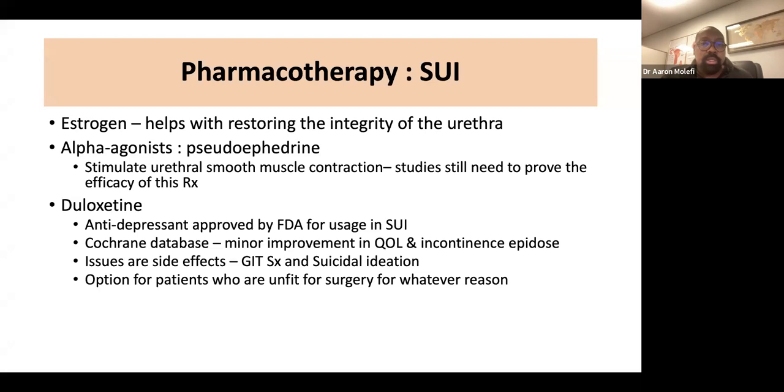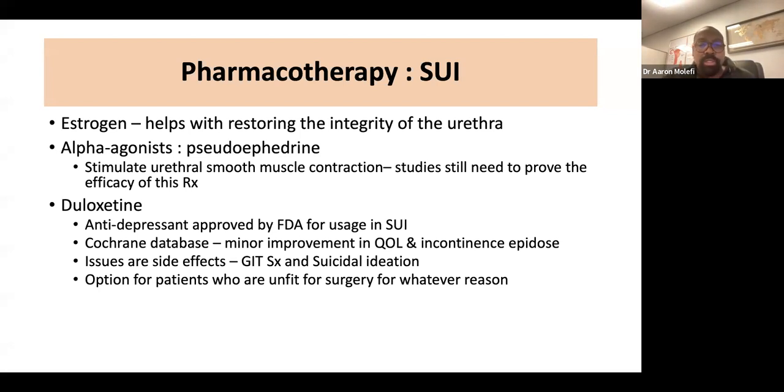They work well, and there's good response from patients. There are alpha agonists, of which one is pseudoephedrine. They usually stimulate the urethral smooth muscle contractions, and then it's able to improve symptoms. And there's an antidepressant, duloxetine, as well, that works. It's approved by the FDA for the treatment of stress urinary incontinence.